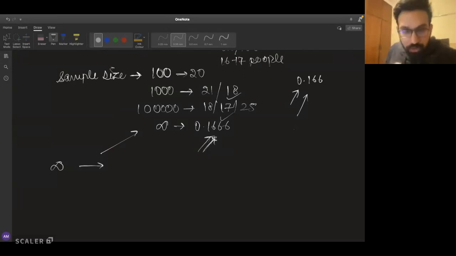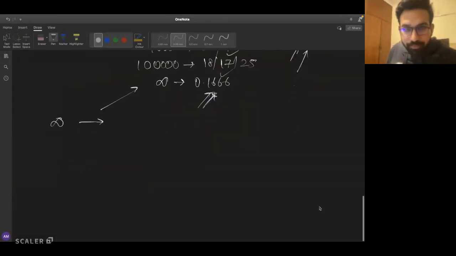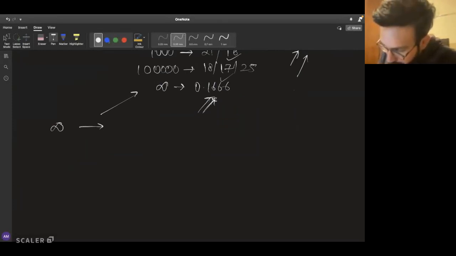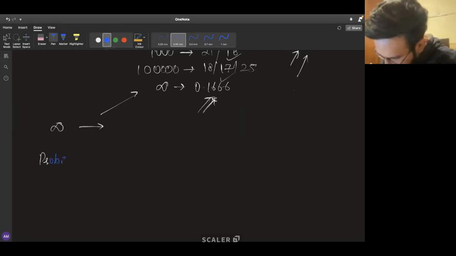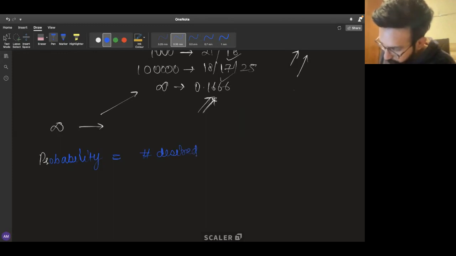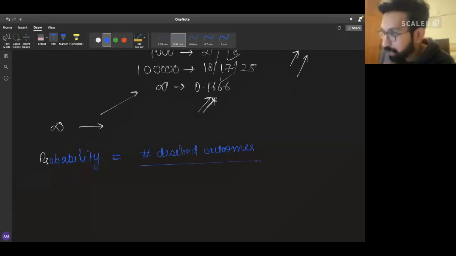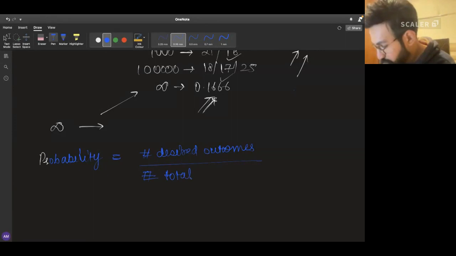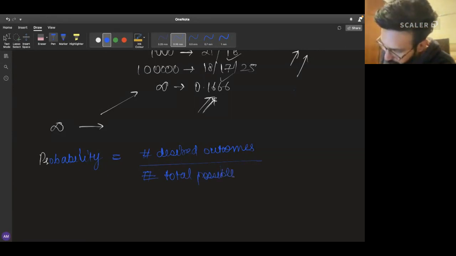So let me take up more space here. Let me say probability is equal to number of desired outcomes over total number of possible outcomes.